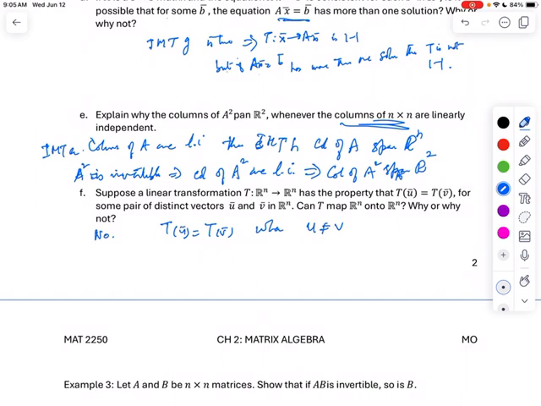So remember, we have to have the bars on U and V because these are vectors. So when we have this situation, then T is not 1 to 1.